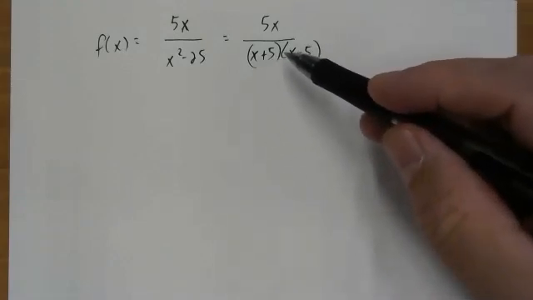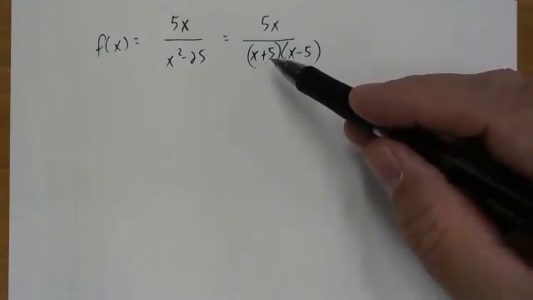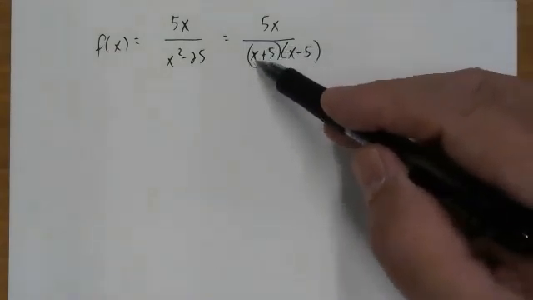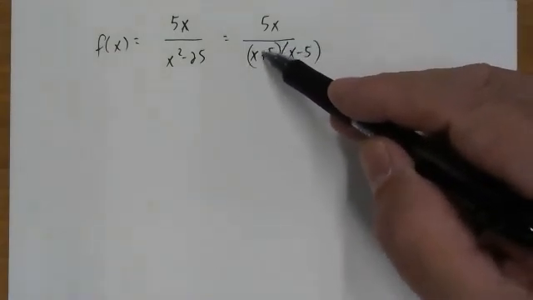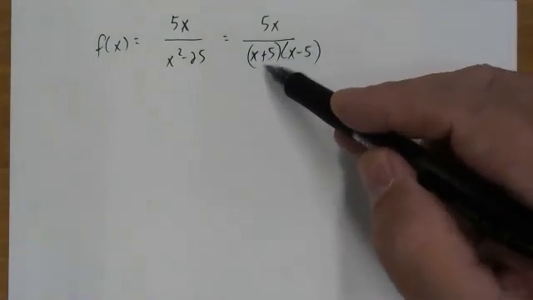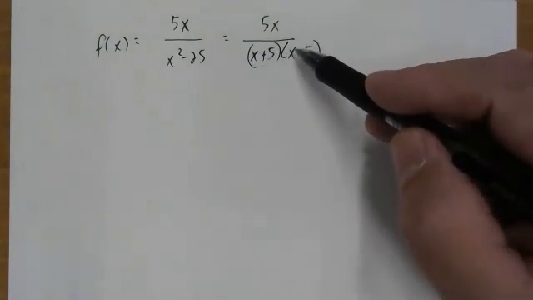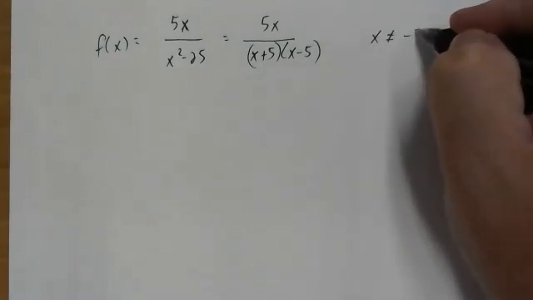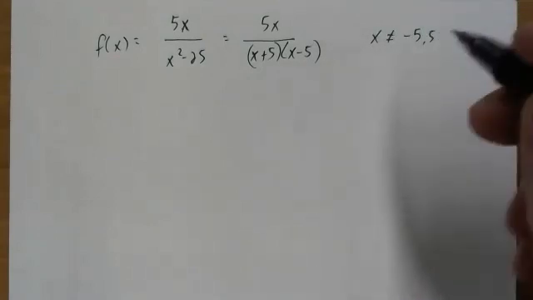So if I look at the denominator, I ask what are the values of x that would cause the denominator to be 0? Well, in the first parenthesis, if x is minus 5, the denominator is 0, and in the second parenthesis, if x is 5, it's 0. So therefore, x cannot equal negative 5 and 5.